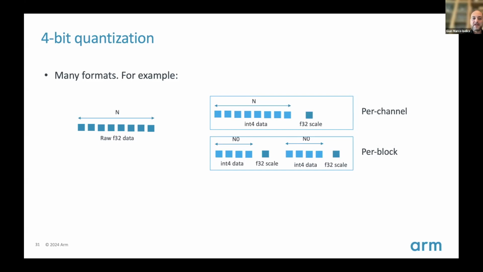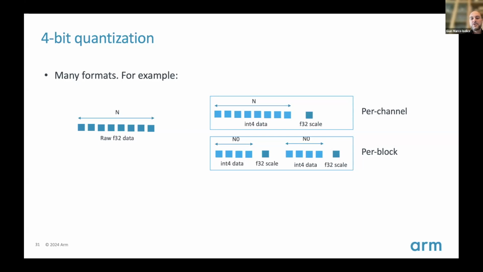On the left-hand side, you have the raw data in floating point 32. On the right-hand side, you have the integer 4 data. So it means that you use only 4 bits to quantize a single floating point 32 value. And there are many ways you can do it, so the quantization can happen in different ways.